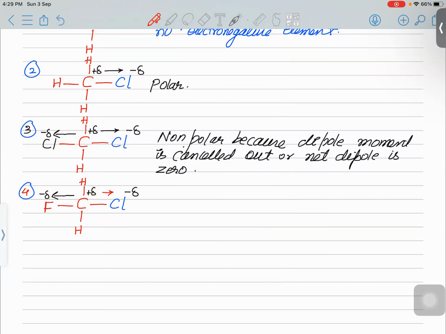Will it be non-polar? Okay, Isa, what is your opinion? Sir, I think it will be polar. Why is it polar?